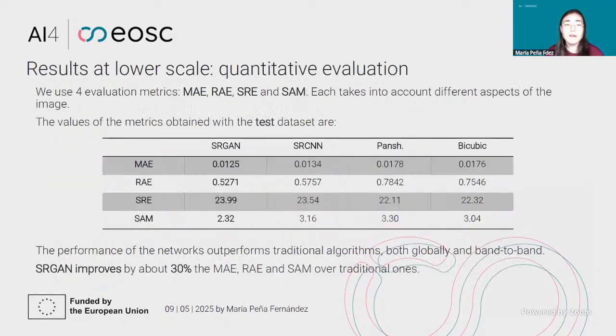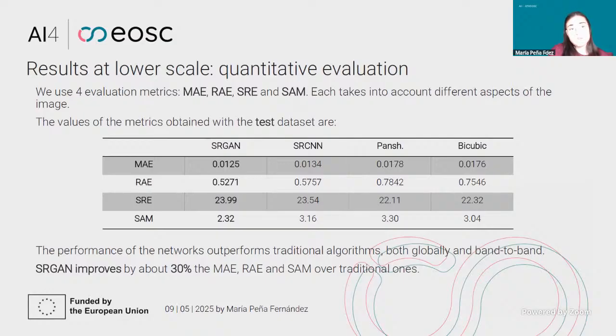Okay, so here we have some results that we obtained once we introduced the test images into the networks and the other algorithms at lower scale. And we can do a quantitative evaluation because, as I mentioned before, we had the targets.